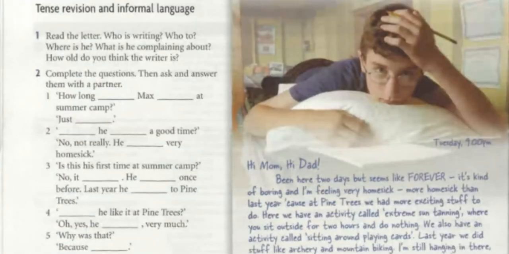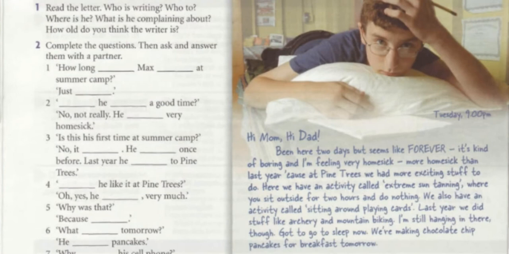Very good, excellent, Fatma. What is he complaining about? He's feeling bored and homesick. Yes, very good. Bored and homesick. How old is he? I'm guessing 15 to 16 years old. Maybe less, maybe 10, 11. Yes, very good.